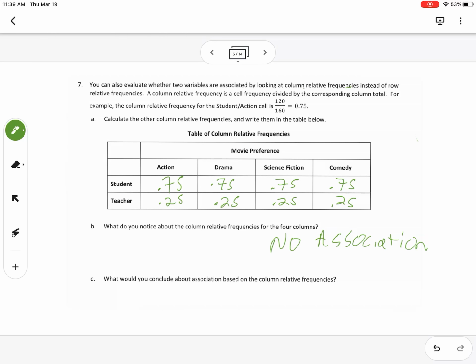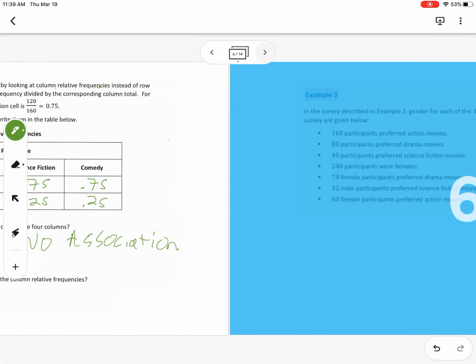Well, you can't tell me if it's action or drama because it's all the same. Or if I were to say 25% of the teachers prefer this type of movie, again, you can't tell me which one it is because there's no difference, there's no association. So part C asks us, what would you conclude about association based on column frequencies? Well, what you should conclude is there's no association, there's no differences. I can't really tell much from this table here.